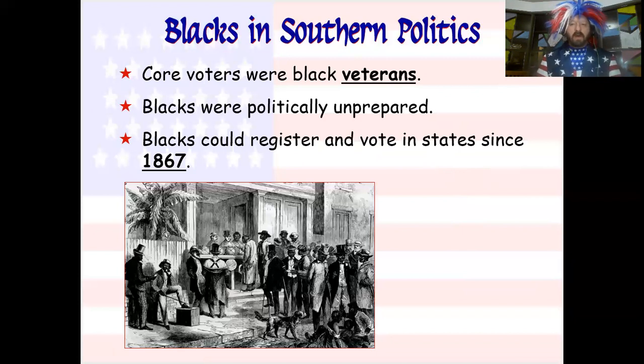They just weren't prepared for it, so they didn't do really well with it at first. Now, interestingly enough, blacks could actually register to vote in states since 1867. So within 2 years, that military making them eligible to vote, registering them to vote, that actually happened fairly quickly.